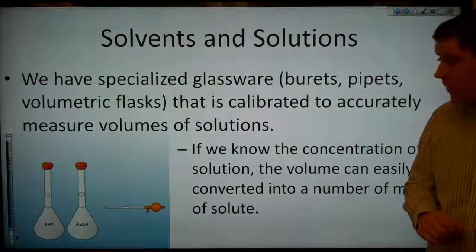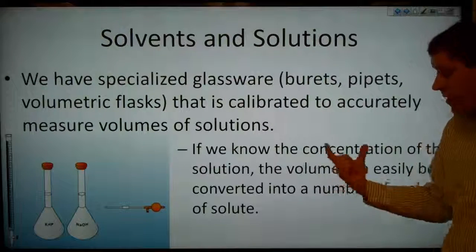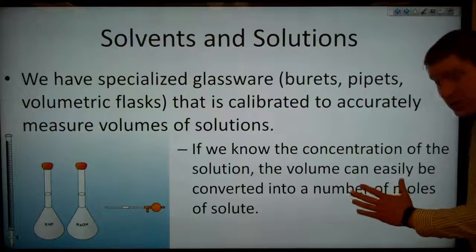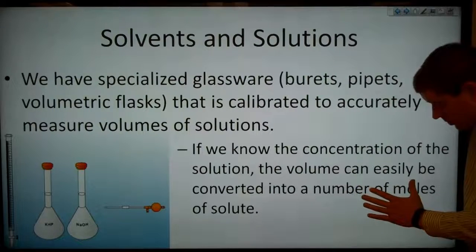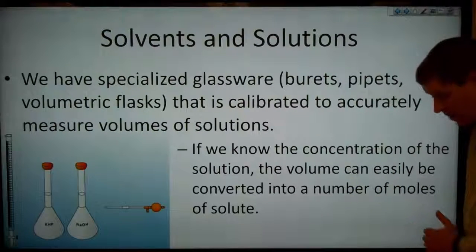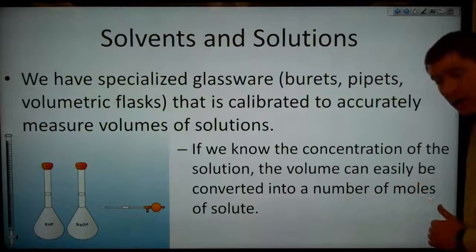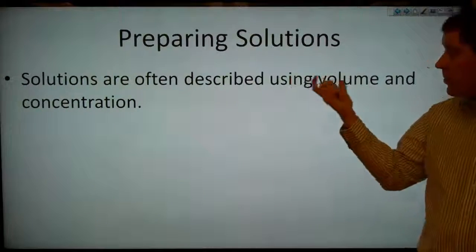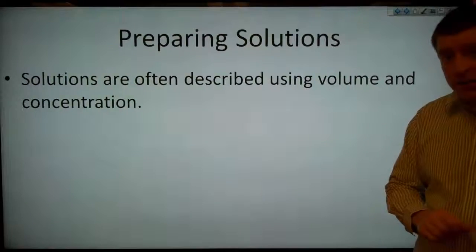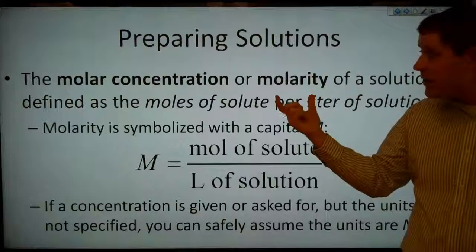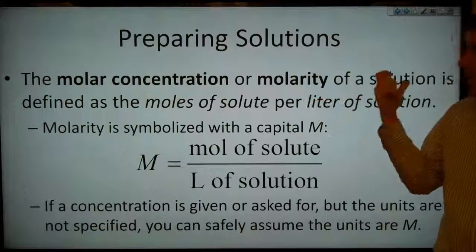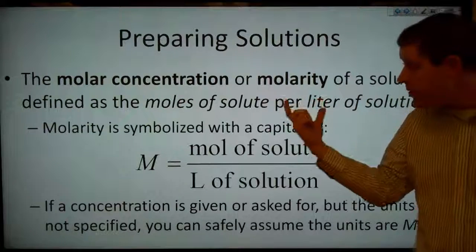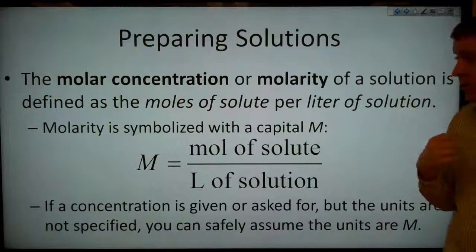So we have specialized glassware like burettes, shown here, pipettes, and volumetric flasks that are calibrated to accurately measure volumes of solutions. And if we know the concentration of our solution, then the volume can easily be converted into a number of moles of our solute. So solutions are often described using volume and concentration. The molar concentration, or the molarity, of a solution is defined as the moles of solute per liter of solution.